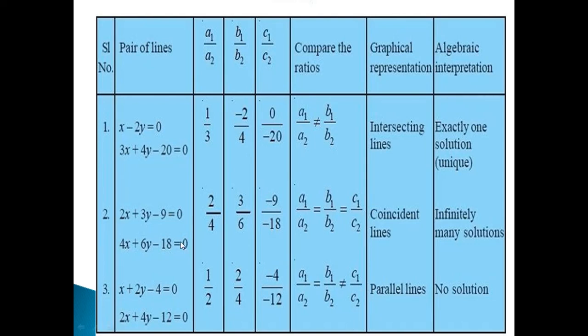Here they are giving a pair of linear equations: x minus 2y is equal to 0 and 3x plus 4y is equal to 0. a1 by a2: a1 is 1, that is 1x, and a2 is 3x. That's why it is 1 by 3. Then b1 is minus 2 and b2 is 4. That is minus 2 by 4.